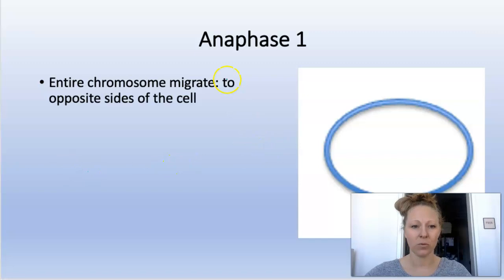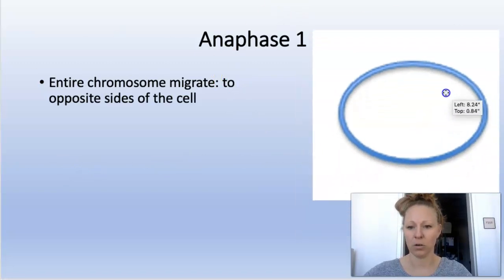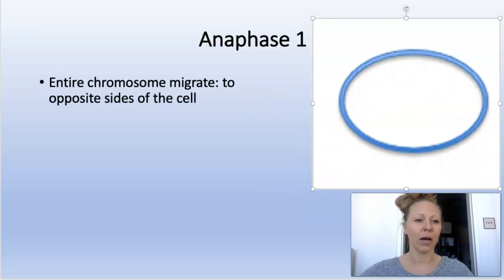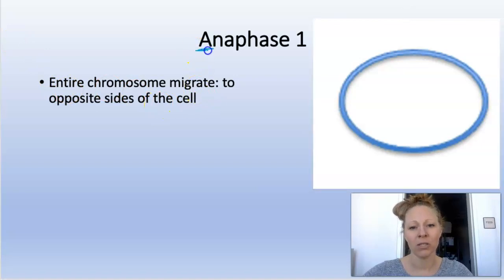During anaphase, let me move this X so it's not crushing my head. There we go. So during anaphase 1, we know that anaphase pulls apart. We know this from mitosis. So let's draw our spindle fibers that were growing in our last stage.